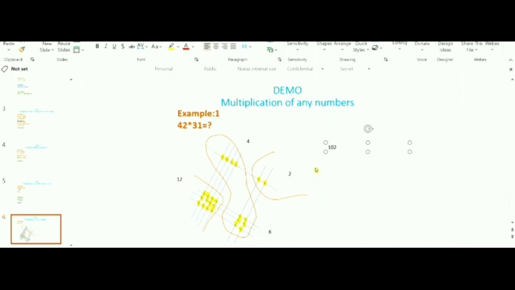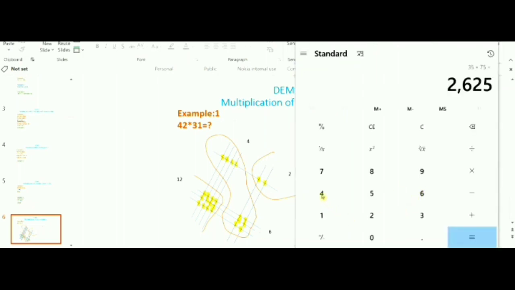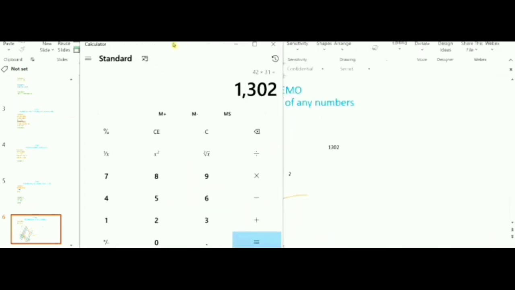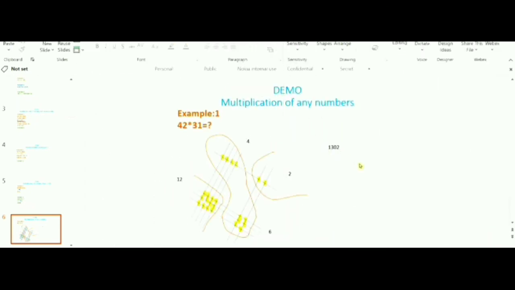Okay, so next is 12 plus 1, so it is 13. So the answer should be 1302. So let's see if that is the correct answer. 42 into 31. Correct. It is 1302, right?